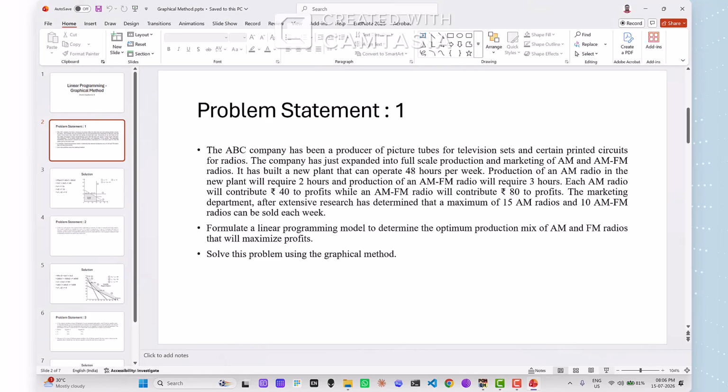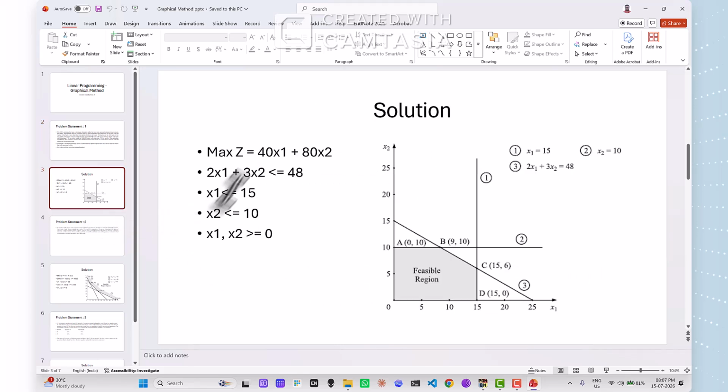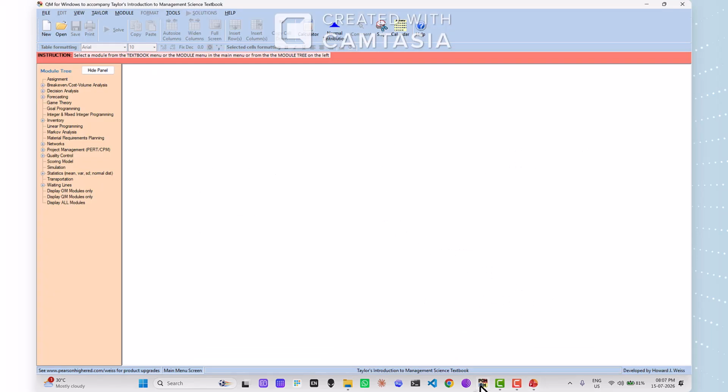Now we are going to see how we can use the POM-QM software to solve the problem. So this is the equation and this is the solution. Now let us see how to generate it in POM-QM software.